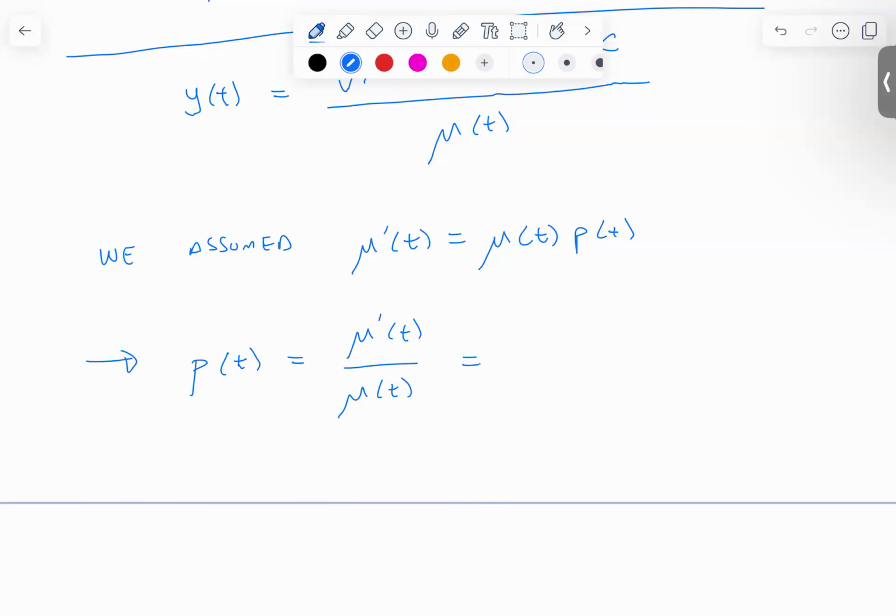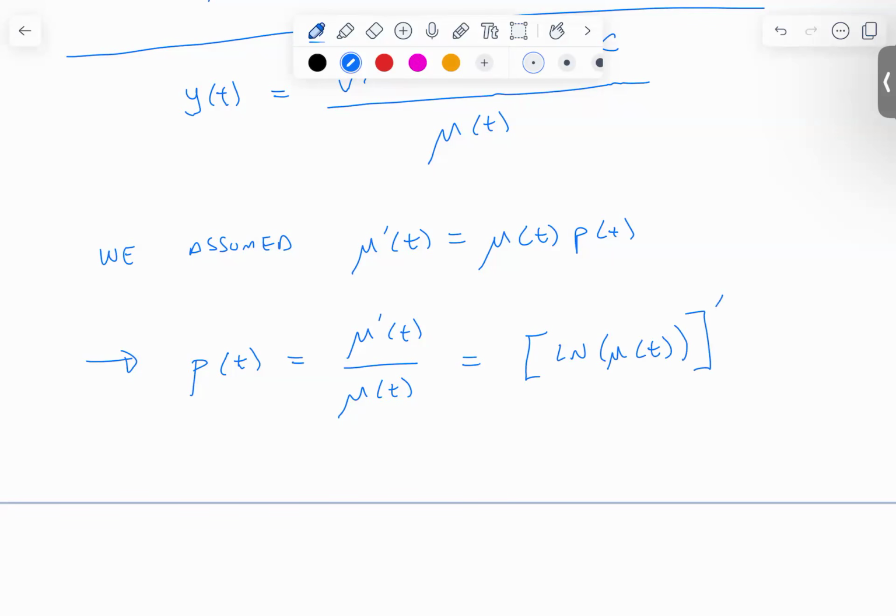Well, ln. Just the derivative of ln, right? Ln of 7x becomes 1 over 7x, times 7, right? You take the derivative, you just do 1 over the inside of the log, and then take the derivative of the inside, so you do chain rule. But basically that means this is actually just ln of mu of t.